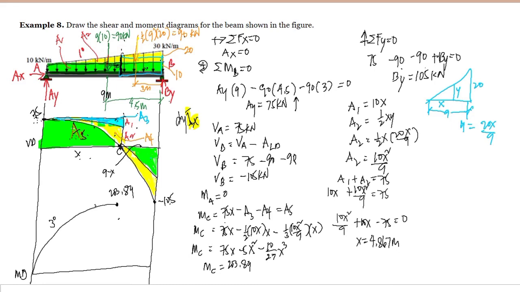So, itong rectangle na to, pangalanan ko tong area 6. Tapos itong triangle sa taas, area 7, no? And ito yung area 8. Ito naman si area 8 at ito si area 9.